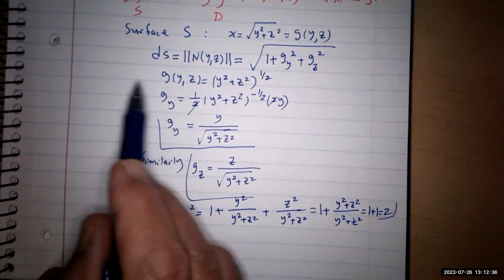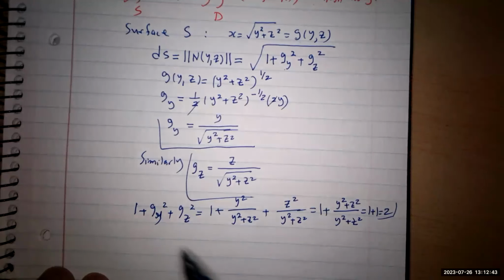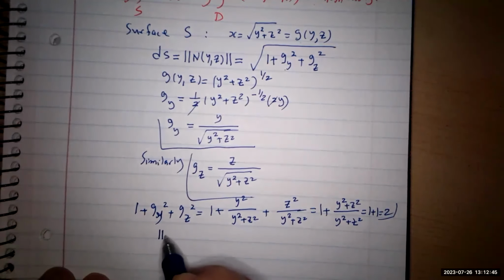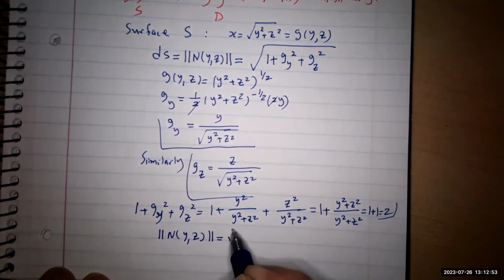If you take the square root, that would be the norm of the normal vector, or dS, it doesn't matter, it's the same thing. So the norm of that normal vector in this case is going to be equal to radical 2.